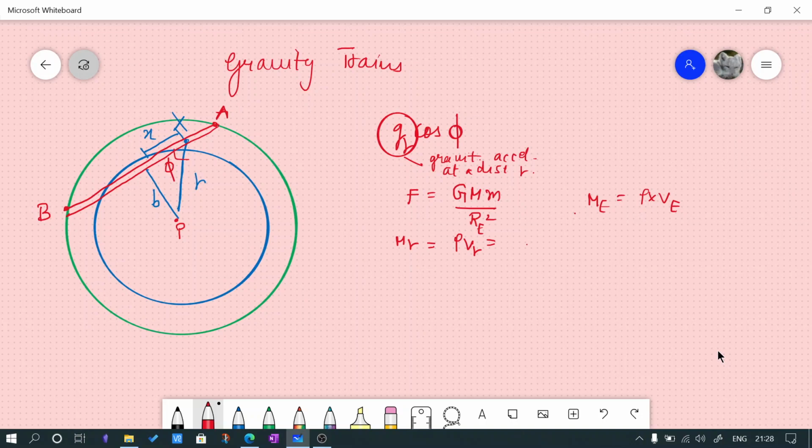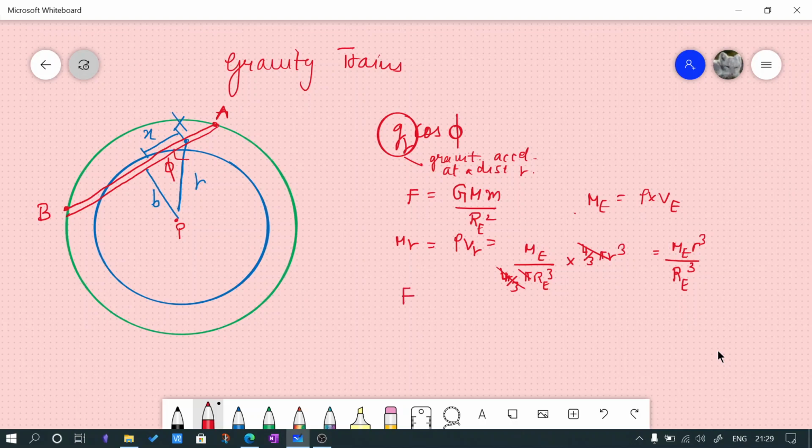So rho is M_e by 4 by 3 pi R_e cube, times 4 by 3 pi r cube. 4 by 3 and pi get cancelled. This is M_e r cube by R_e cube.